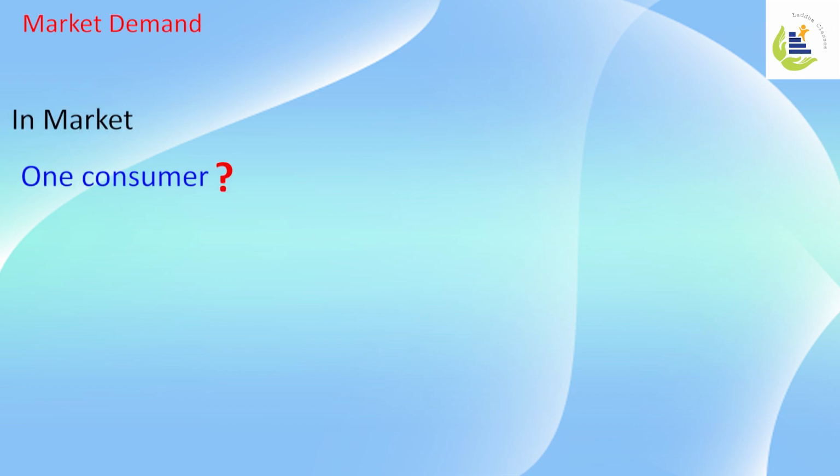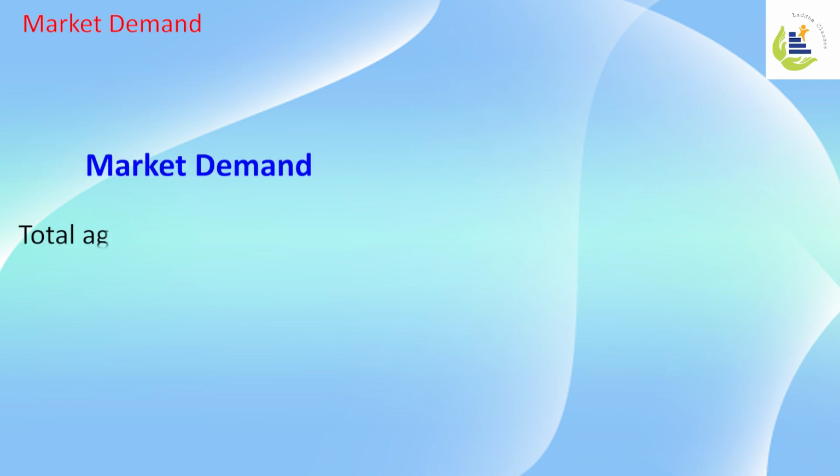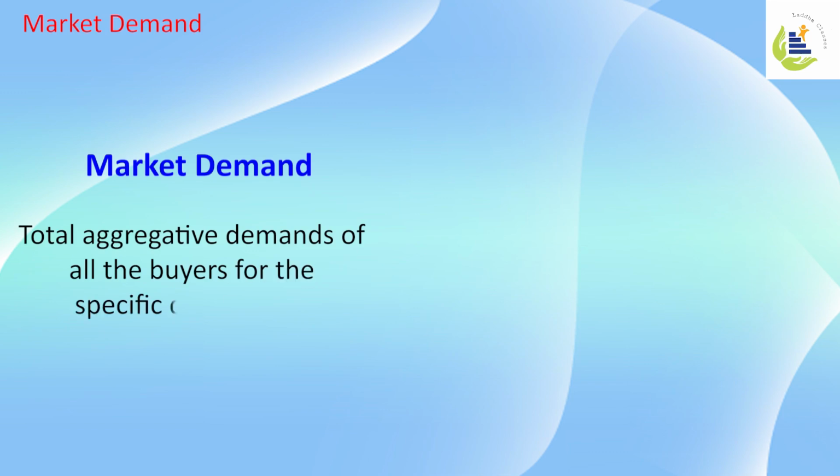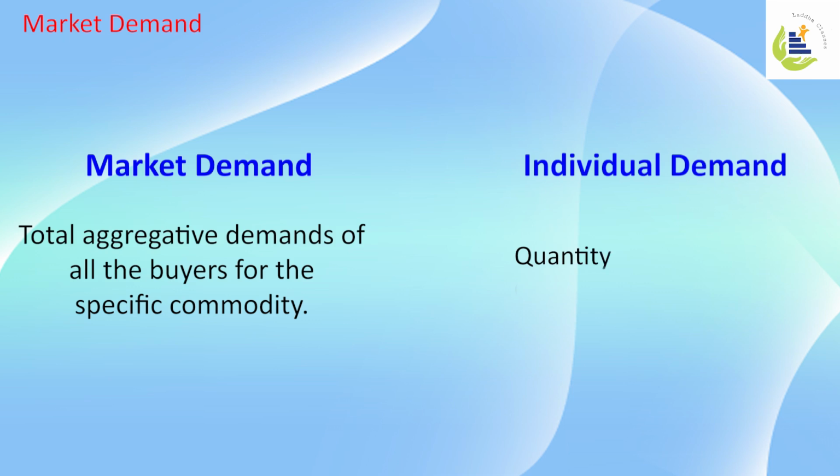Whereas, as the name suggests, market demand. Well, we know that in a market there are many consumers or many buyers. So a market demand is a total aggregate demand of all the buyers for the specific commodity. Individual demand is the quantity of a particular commodity demanded by an individual.